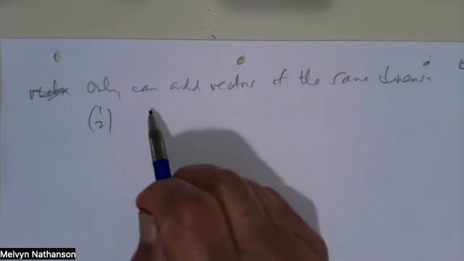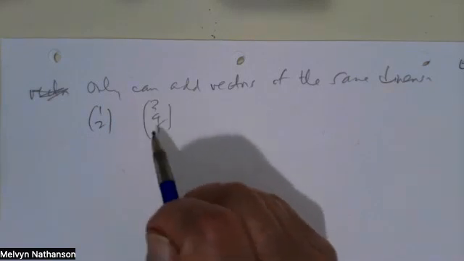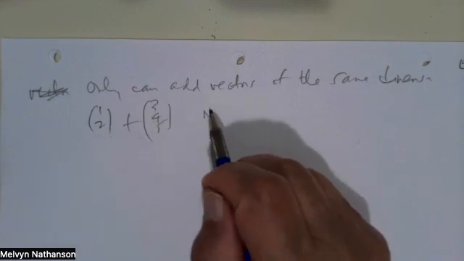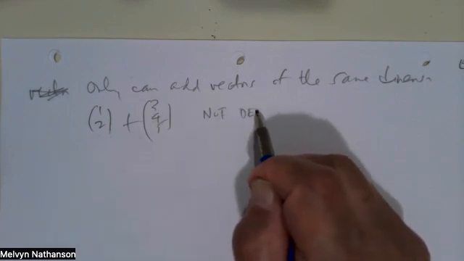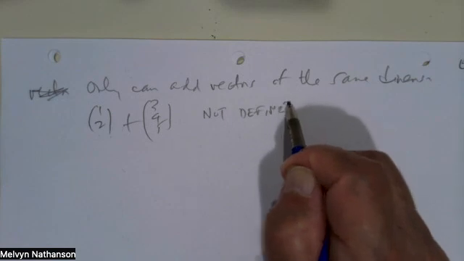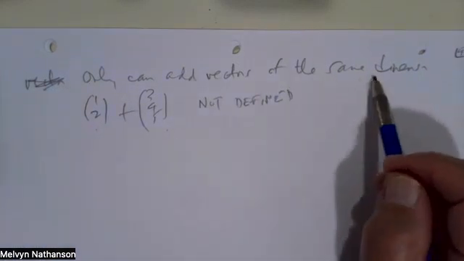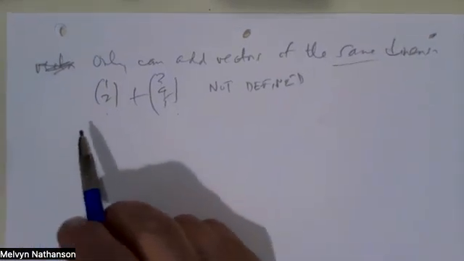So if you take the vector (1, 2) and the vector (3, 4, 5) and try to add these two vectors, this is not defined, not possible. You cannot add a two-dimensional vector and a three-dimensional vector. You can only add vectors of the same dimension.